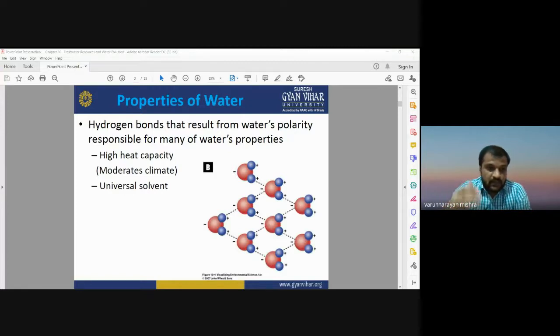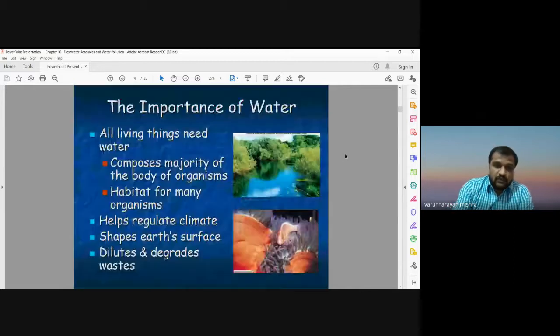This is a very important property of water. Because of this polar structure, water has a high heat capacity and is a universal solvent. So these are some basic properties of water.